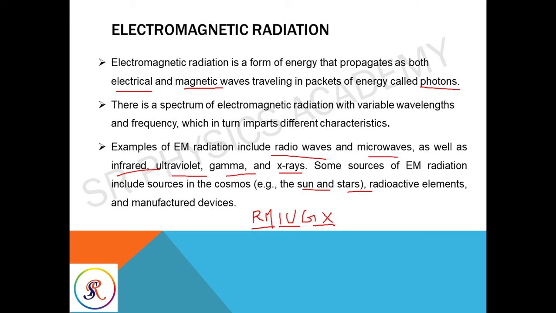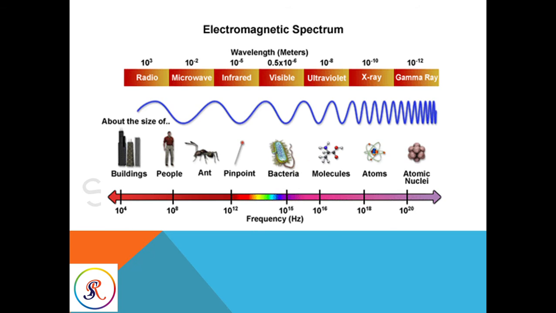Suppose frequency is increasing; then wavelength decreases. In increasing wavelength, frequency decreases. So this is the spectrum we discussed: radio, micro, infrared, visible, ultraviolet, X-ray, and gamma rays.